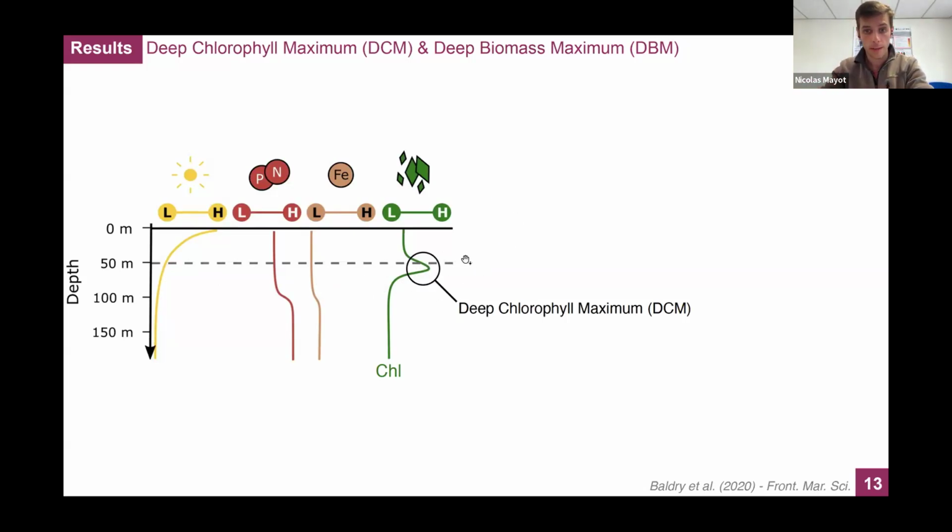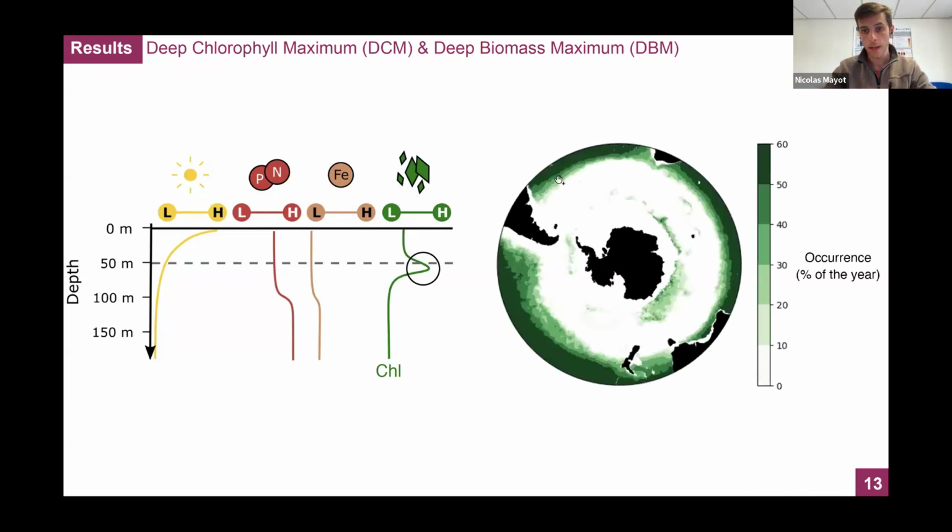From the 4D dataset of chlorophyll, I can study the occurrence of a deep chlorophyll maximum, shown here on this map. The greener areas are where you have a deep chlorophyll maximum most of the time.